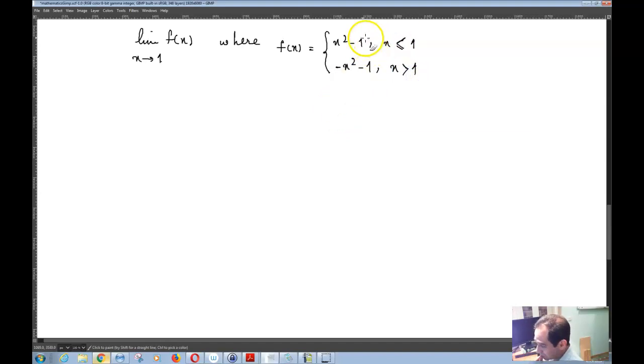So you see that the value of your function at 1 is given by this clause. This part over here is called a clause. This is also called a clause.